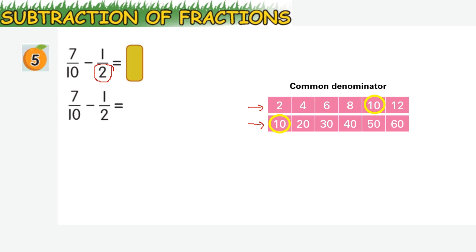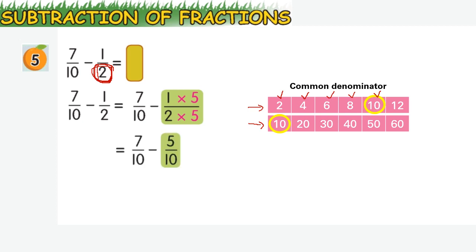So 2 times what makes 10? You count 1, 2, 3, 4, 5. Meaning that it is 2 times 5. We want to change this 2 to 10, so we times 2 by 5. The numerator also we times by 5.